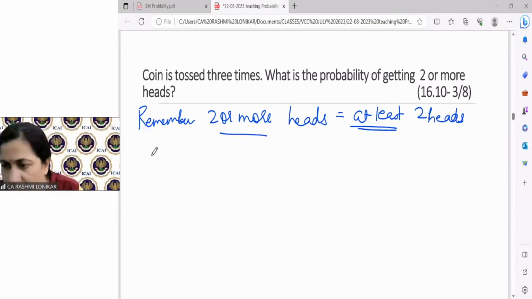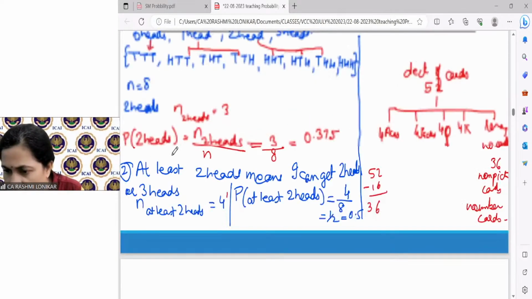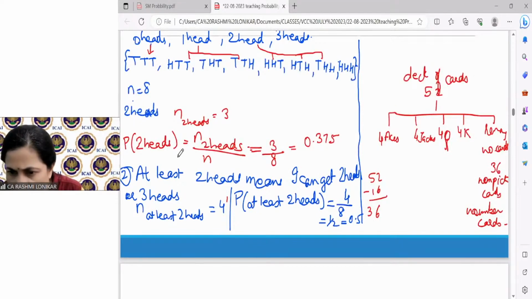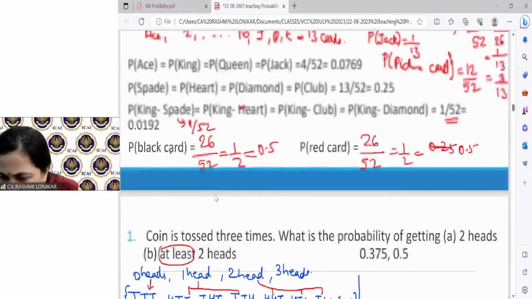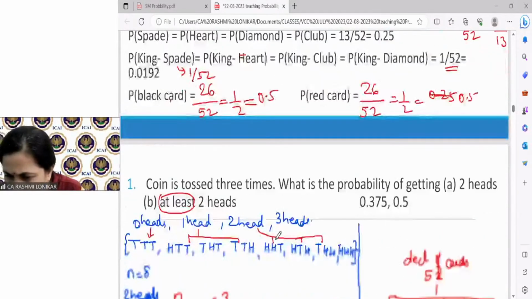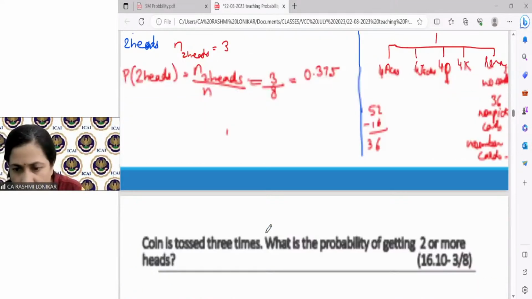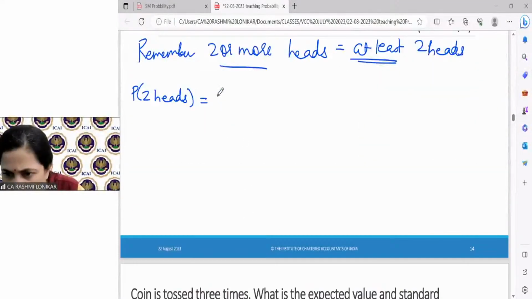So what will happen? At least 2 heads. Okay, so what is the probability of getting 2 heads? How many 2 heads are there? 1, 2, 3, so it is 3 upon 8. What is the probability of getting 3 heads? It is equal to 1 upon 8.